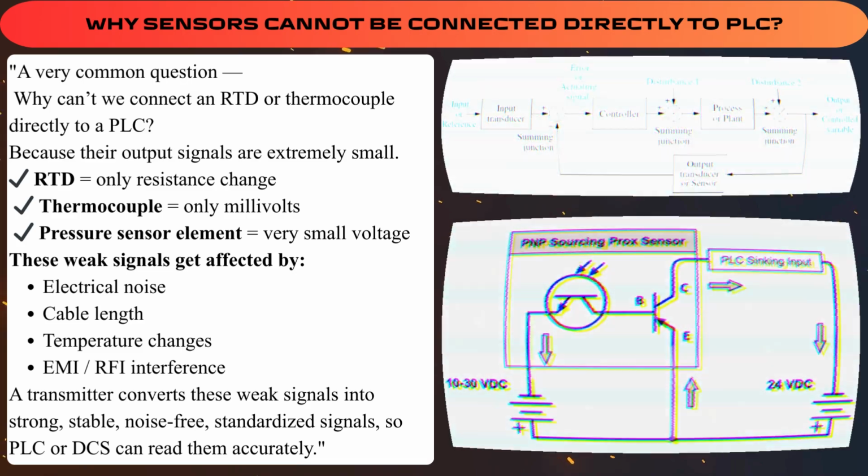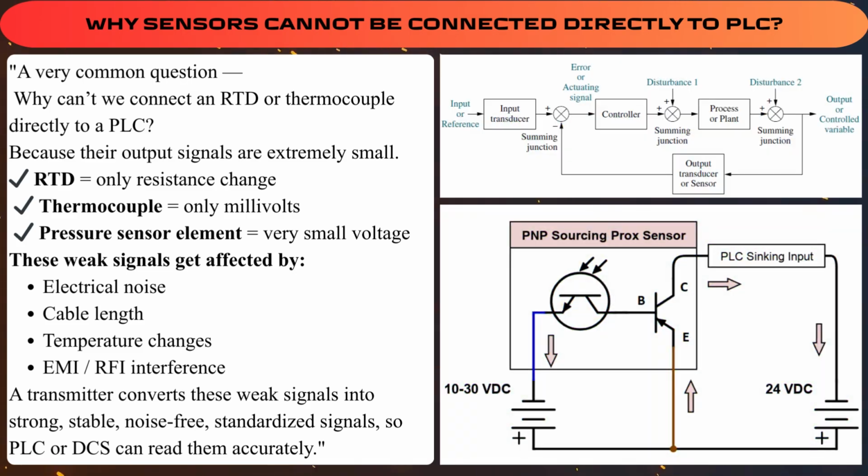Why sensors cannot be connected directly to PLC? A very common question. Why can't we connect an RTD or thermocouple directly to a PLC? Because their output signals are extremely small. RTD gives only resistance change. Thermocouple gives only millivolts.